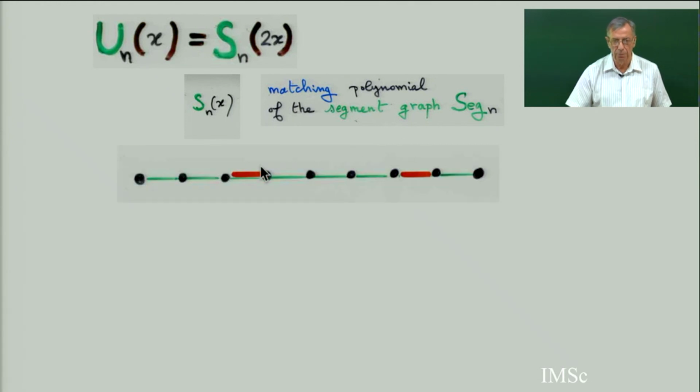The segment graph is a graph with endpoints. The vertices i and i+1 are connected by an edge. It's this segment graph. And a matching, what is a matching? It's a choice of edges in red, which must be 2 by 2 disjoint. No two edges have a common vertex.